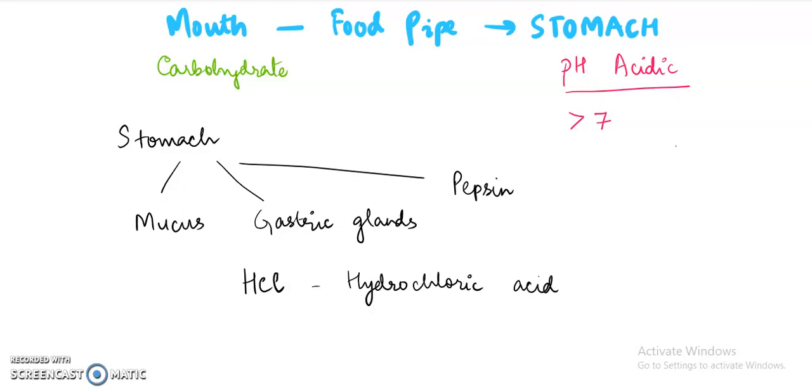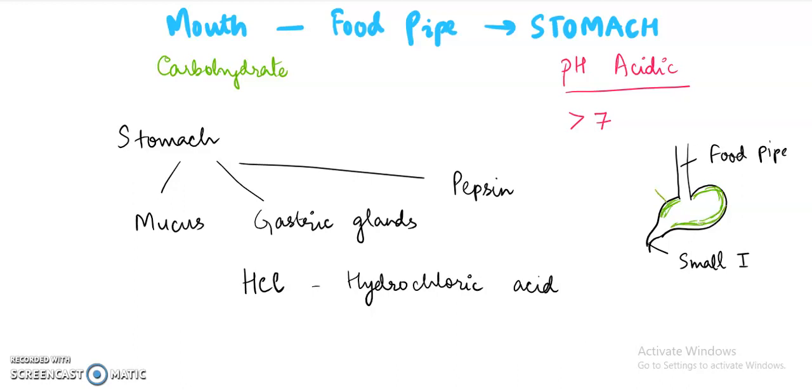If you make the diagram, this is our esophagus and then comes a bag-like structure which is known as the stomach. The stomach further leads to the small intestine, right? But here we will be discussing what the stomach is and what it does. So the stomach is actually a bag which is lined by a layer, and this green layer which I am showing you is actually a layer of mucus.